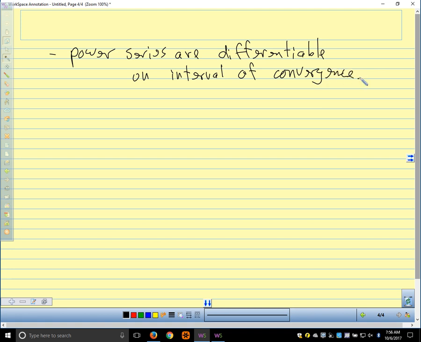So we can take the derivative of a power series and get another power series that converges on the same interval. Power series are also integrable on the interval of convergence.